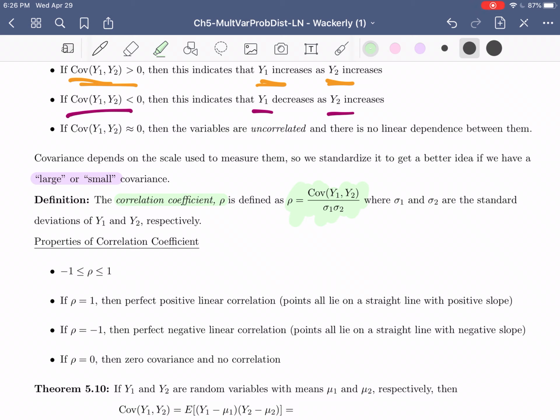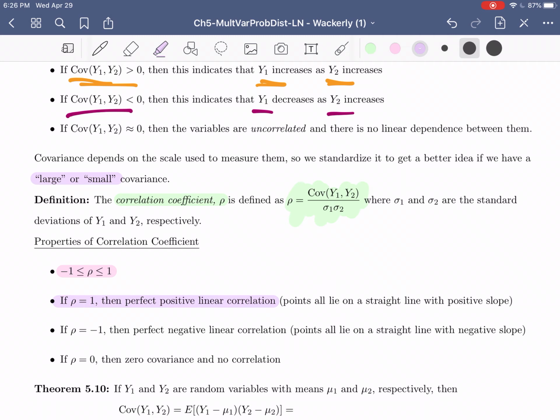All right, so what can we say about that correlation coefficient? What are some properties of it? After we've standardized the covariance, the correlation coefficient will be between -1 and +1. If that correlation coefficient is +1, then we actually have a perfect positive linear correlation.